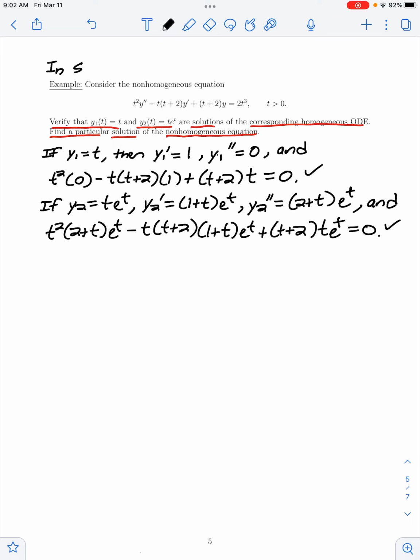So at the top here, rewriting our equation in standard form, we could divide through by t squared, and we would have y double prime minus t plus 2 over t, y prime, plus t plus 2 over t squared, y, is equal to 2t. So here, our g of t function that we're going to make use of for the variation of parameters formula would be 2t.